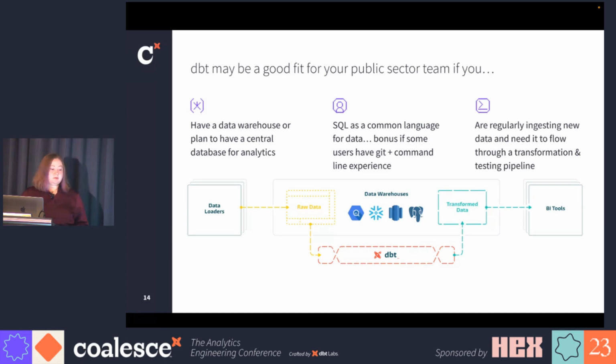Second, SQL should be your shared language for interacting with data. And it would be a bonus if there are some team members who are familiar with Git in the command line. Third, DBT is going to be most useful for you if you're regularly ingesting data into your database and you want that data to flow through a transformation pipeline.